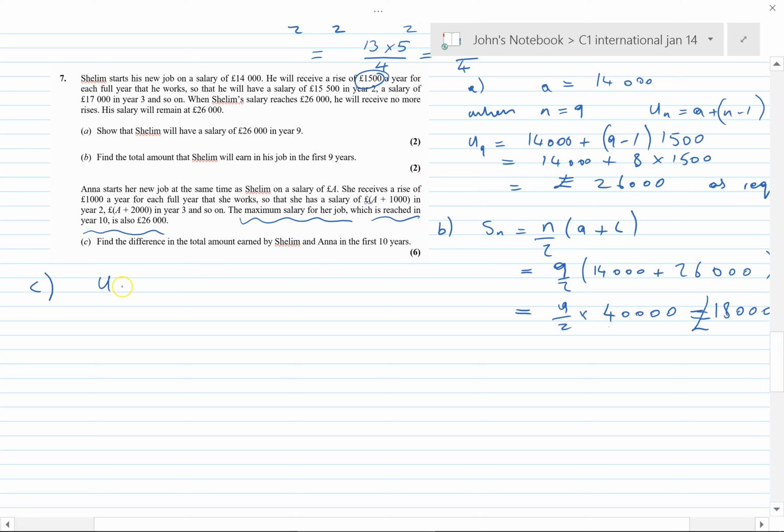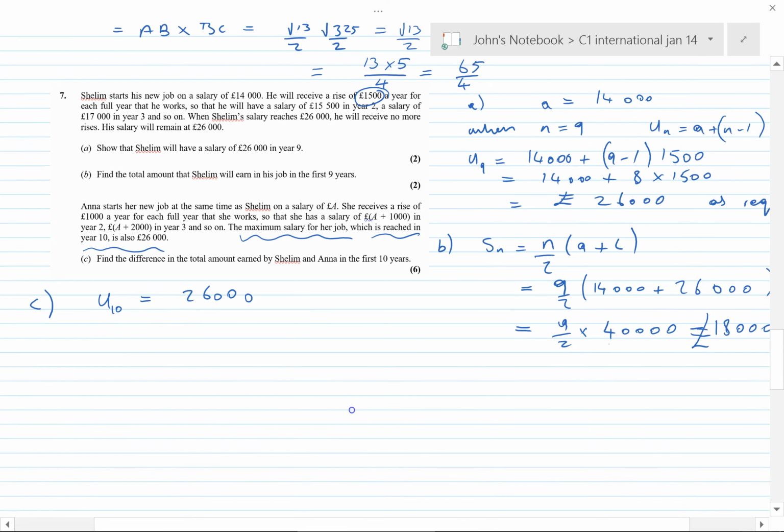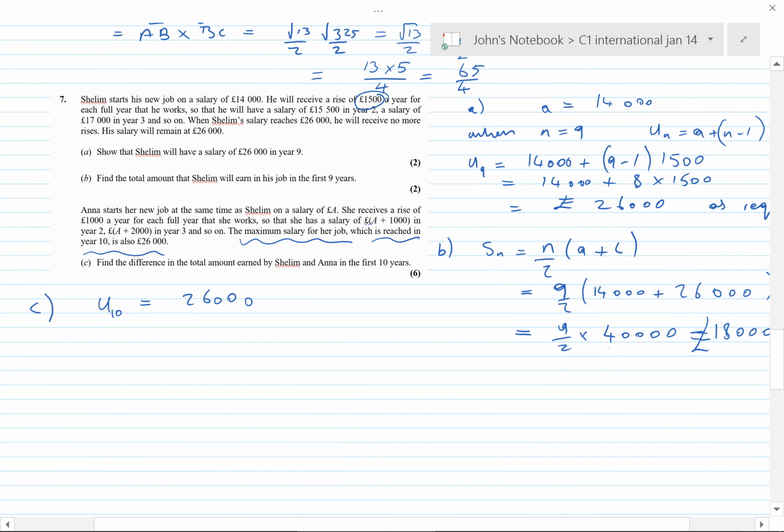We know that the U9 has got to be 26,000. Okay, so we've got U10 is going to be 26,000, should I say? Okay, so we're then working out what the value of A is for that.